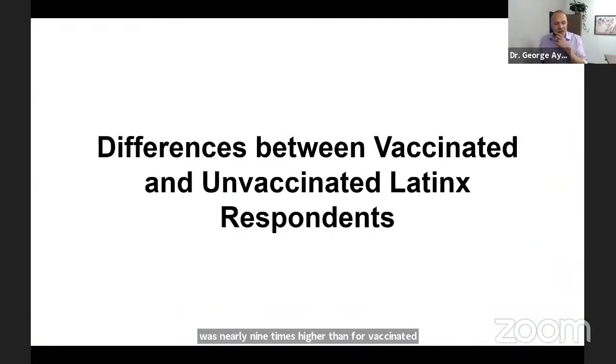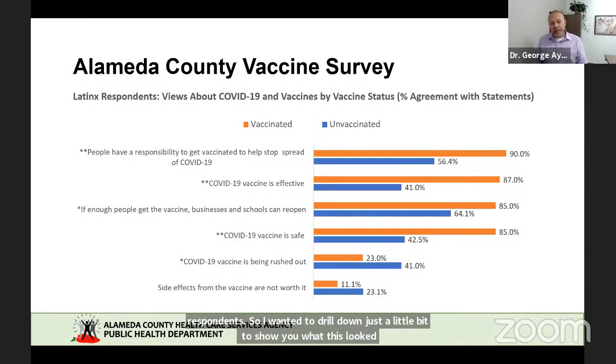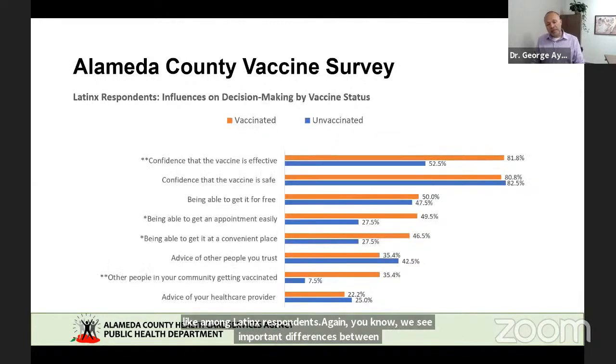I wanted to drill down just a little bit to show you what this looked like among Latinx respondents. Again, we see important differences between vaccinated and unvaccinated across the 3 main areas that we were assessing.